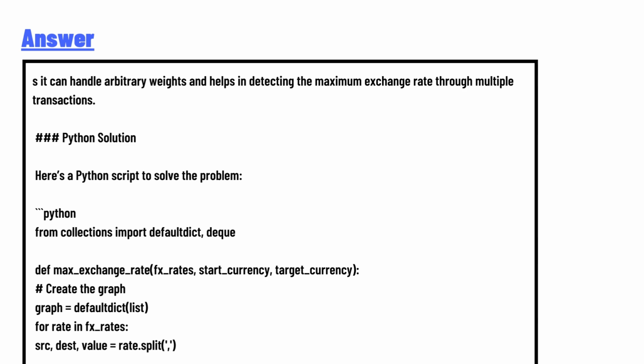Find the maximum exchange rate: result = max_exchange_rate(fx_rates, start_currency, target_currency), then print the result, if __name__ == main.